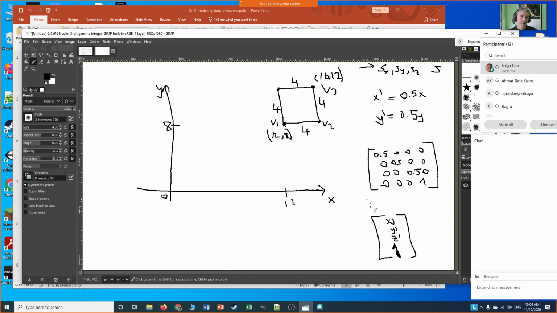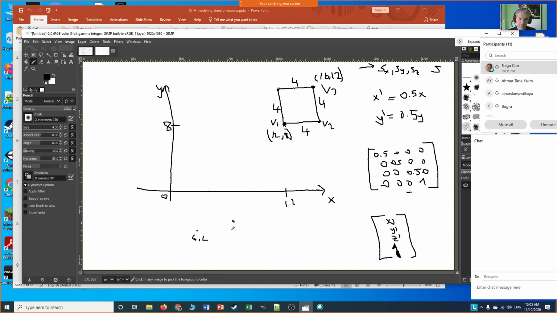Okay, now let's see what will happen if I apply this transformation, the 2D version of it, which is this 3x3 matrix, in which you ignore this one, you move it here. If you consider the 2D version of this, what will happen if we halve the coordinates? V1 will be at 6, 4.